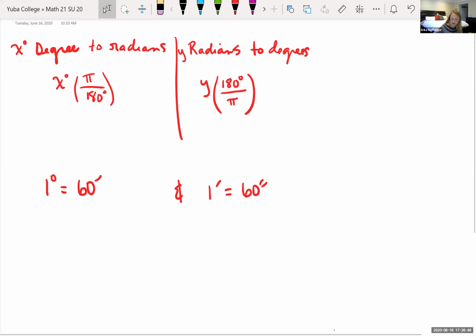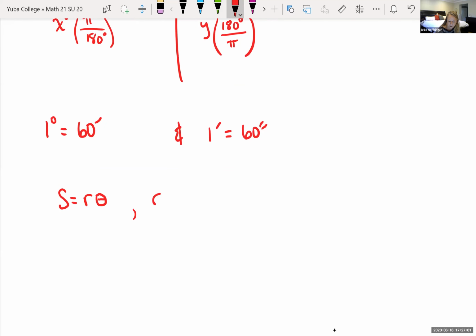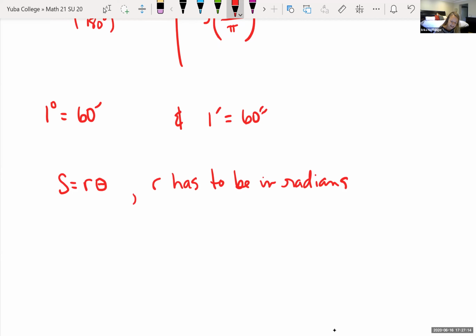Another formula we looked at was your arc length, which we denoted with an S value. S is equal to R times theta. Theta has to be in radians. And what that arc length is, it's that distance around the circumference of the circle that is being measured.